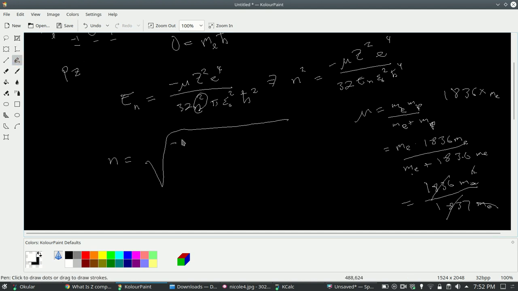So this is negative the mass of the electron, which is 9.11 times 10 to the negative 31 kilograms. I looked that up on the internet because I couldn't find it in your textbook. Z is the atomic number, which is 1 for the hydrogen atom. So that's 1 squared, that's 1, and just ignore that. E is the charge of the electron, which is 1.602 times 10 to the minus 19 coulombs to the 4th power.